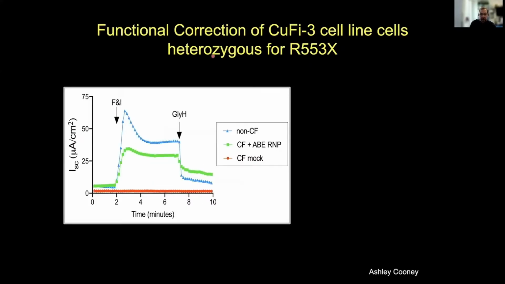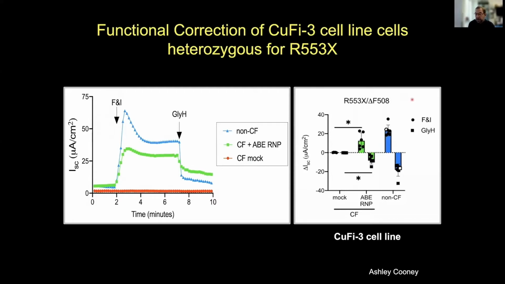So here's results using the CUFI3 cell line with the 553X mutation. The short circuit current is on the y-axis, time on the x-axis. In red are mock-treated cells with no evidence of CFTR-dependent current. In blue are non-CF controls with forskolin and IBMX-stimulated current that is blocked by the CFTR inhibitor GlyH, and in green shows the current response in ABE-treated cells.